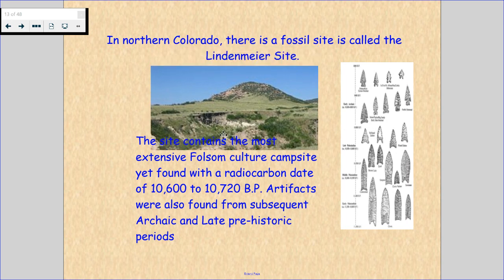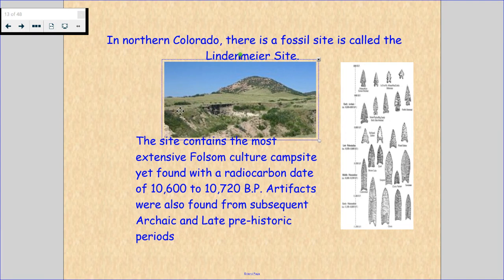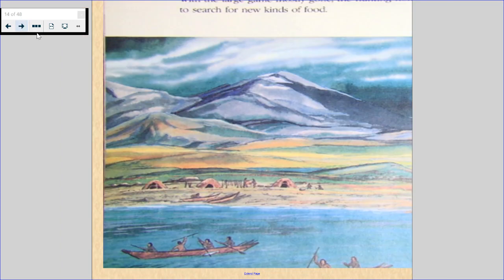And there were bones that were found and also spearhead points that were found that led archaeologists to believe that this is where the Folsom people lived or lived for a time, and then would also kill and eat their animals, of course, and take care of their families. These artifacts told us that this was about 10,000 years ago. So that falls within that 20,000 years ago when these people started traveling in this area.